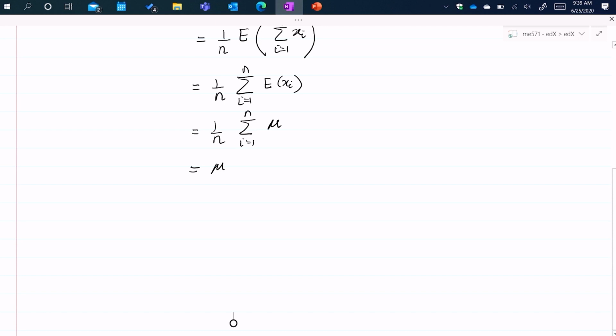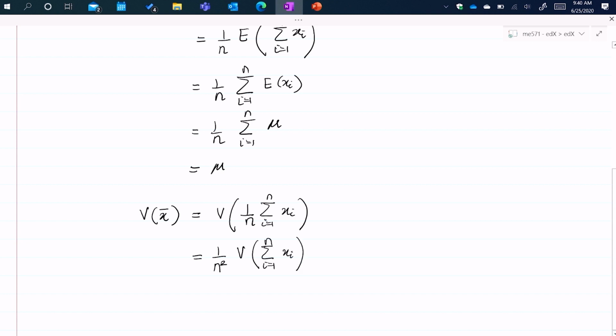So now we can go on and estimate the variance of the sample mean, using the same logic as above. The variance of the sample mean, where the sample mean is defined as 1 over n summation i going from 1 to n of xi. And again, using what we know, the variance of a constant times a quantity is the constant squared times the variance of the quantity.